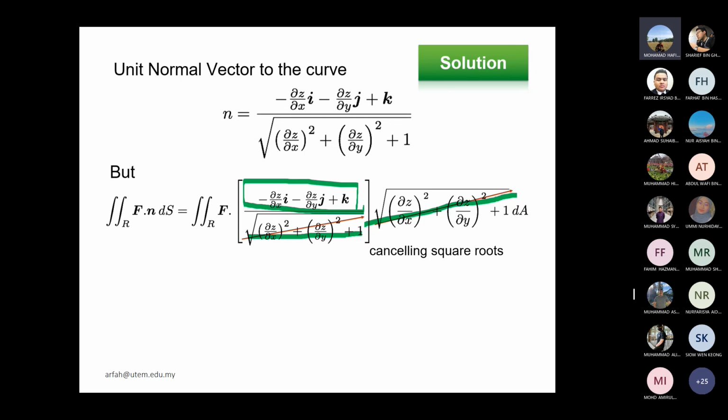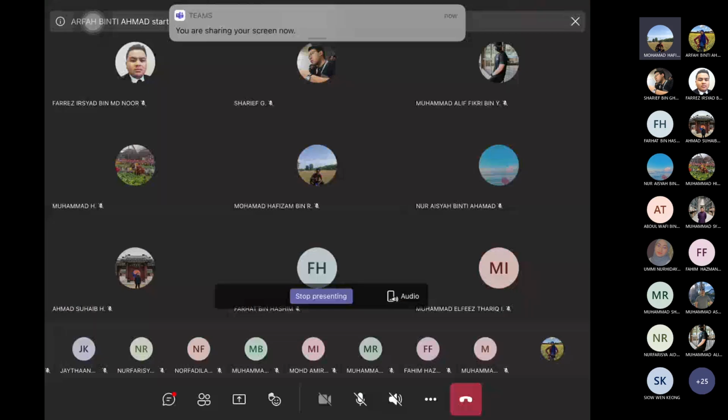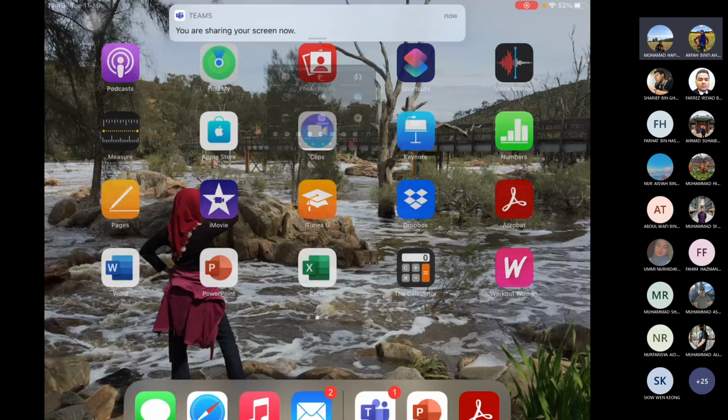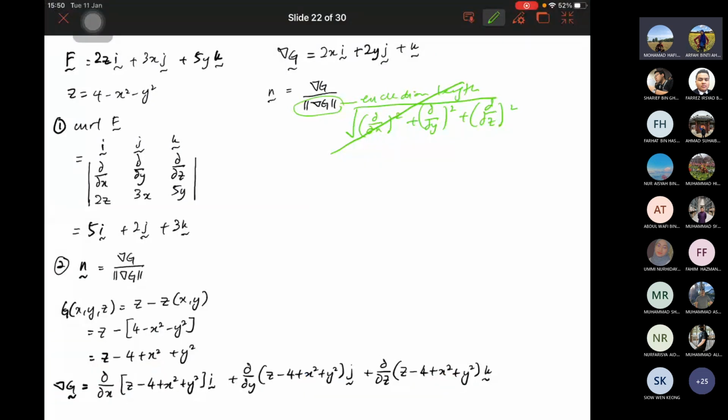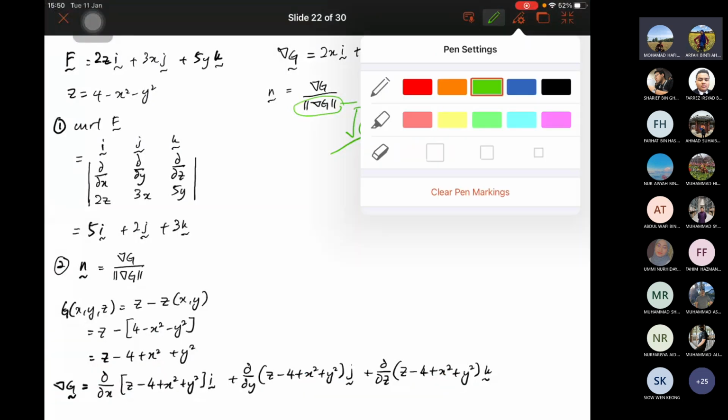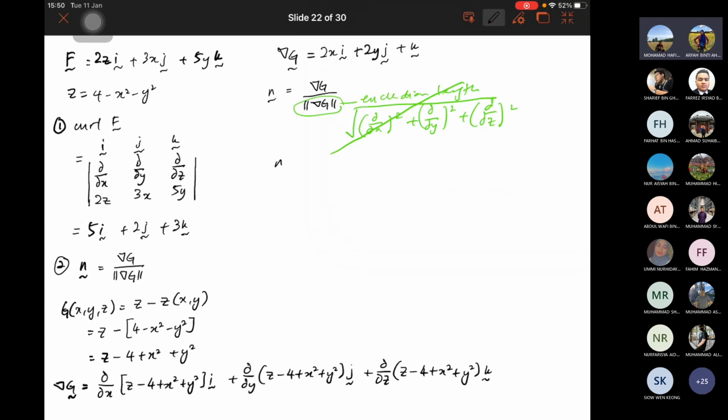So in this case delta G tadi akan back kepada kita punya slide. So in here awak akan dapat finally unit normal vector akan sama dengan 2xi tambah 2yj tambah k.